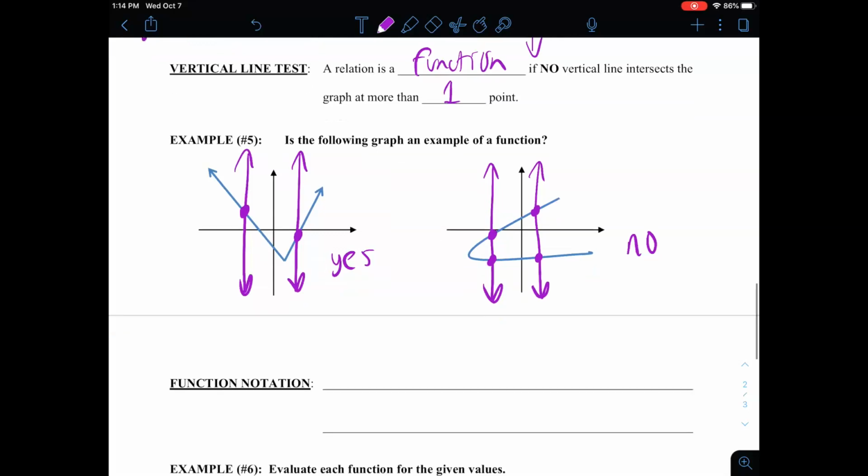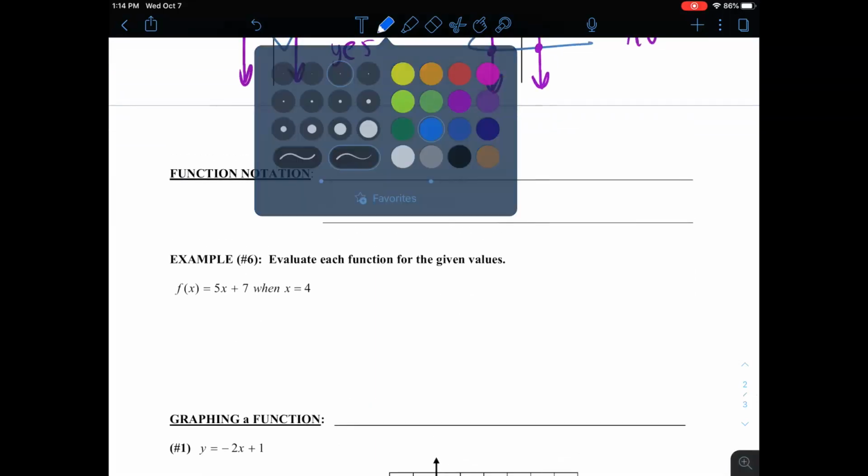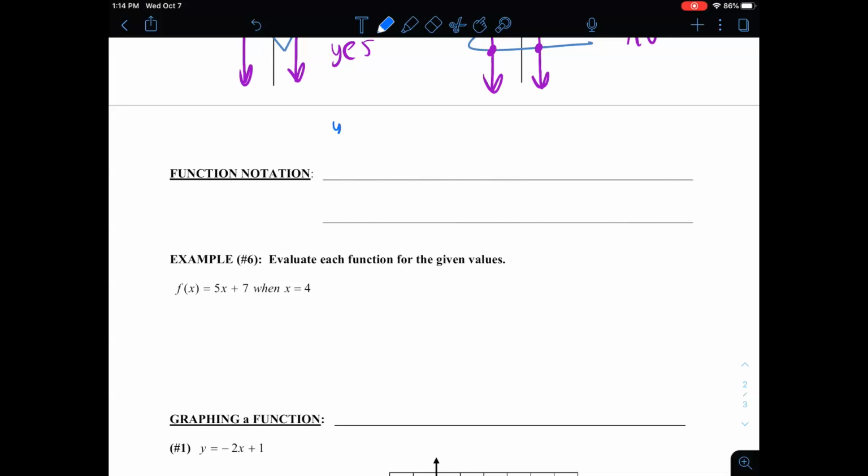All right, moving along. Function notation. So, we had y equals mx plus b, which is a linear function. And function notation is this: f of x equals mx plus b.